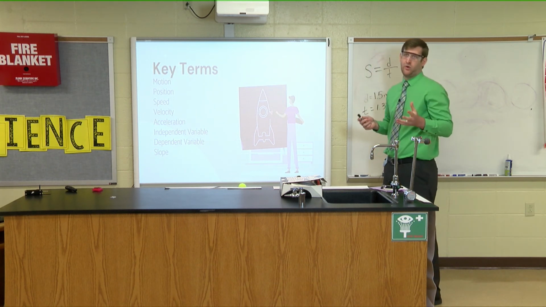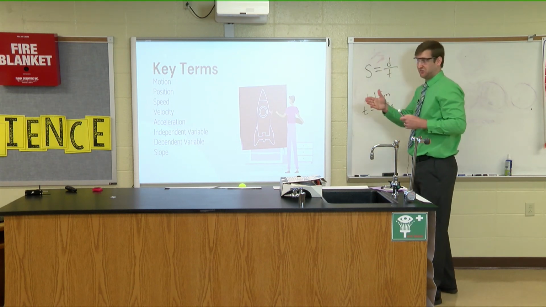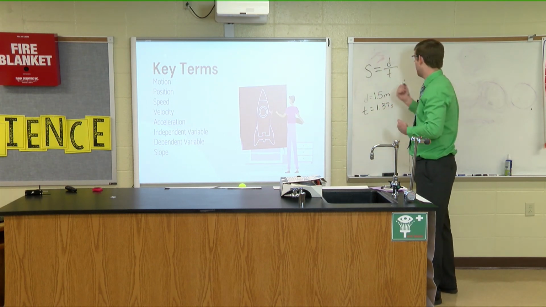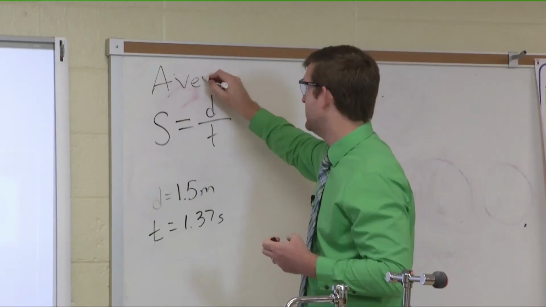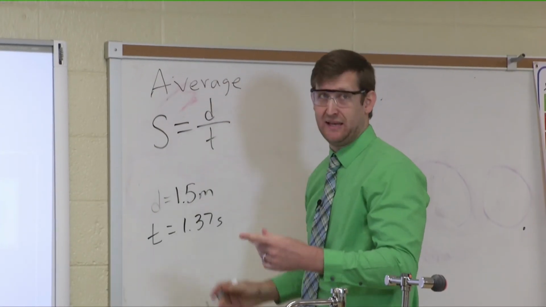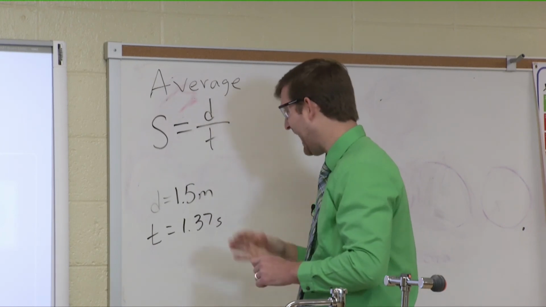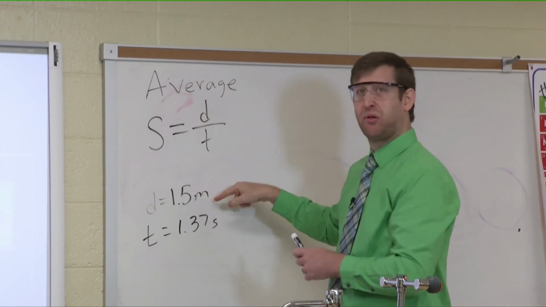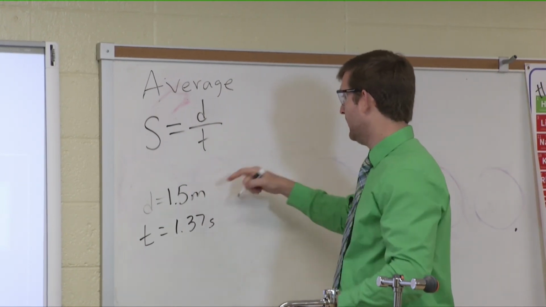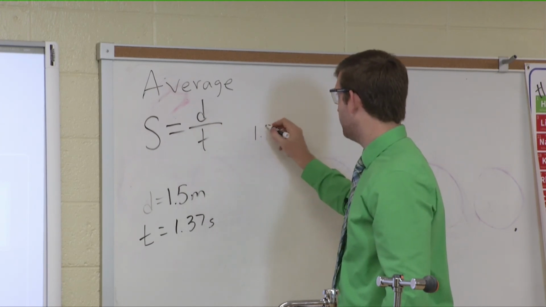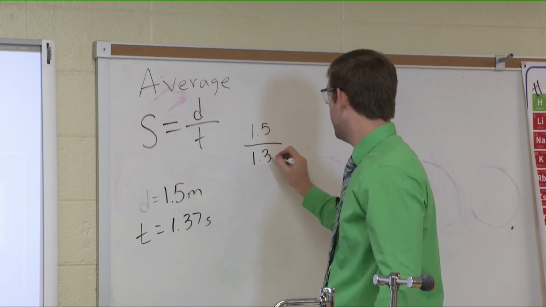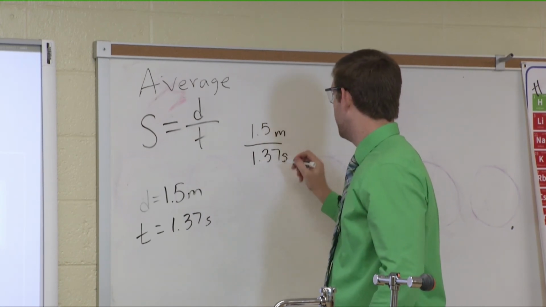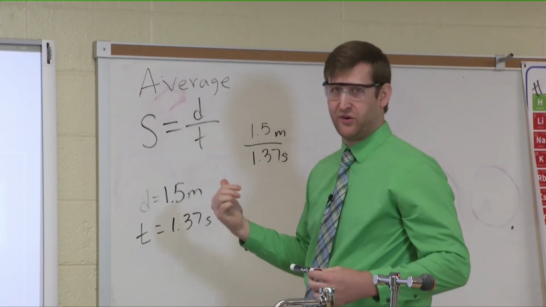So now all we're going to do to find the speed of the ball, so again, remember from last week, that's the average speed of that ball. To find the average speed of that ball, you're just going to plug these into that formula. So our distance is 1.5 divided by the time, which is 1.37. Always put your units.